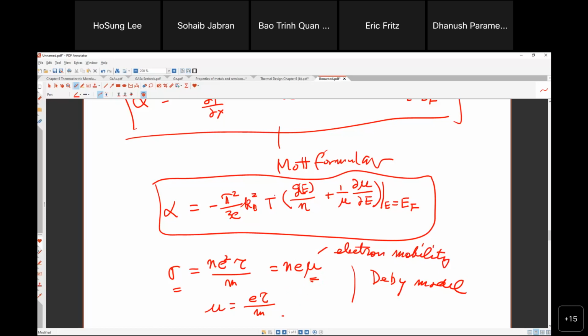So, okay, now we look at this: Seebeck is proportional to density of state, which means the more holes, the better, Seebeck is good.